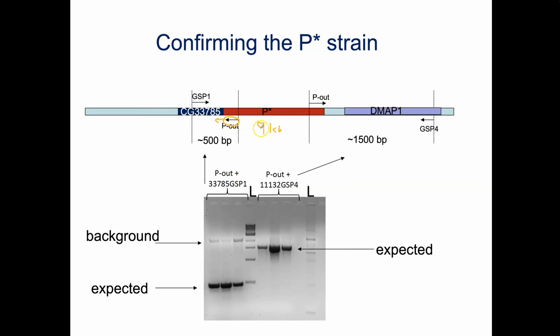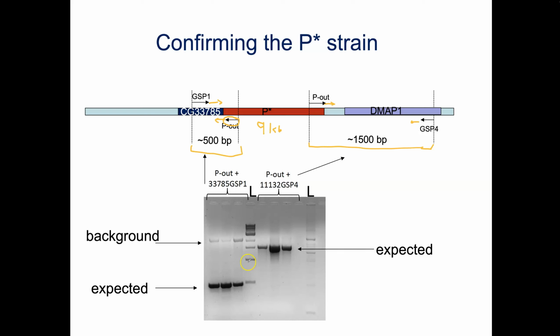It's an inverted repeat, so the exact same sequence on this side makes DNA in that direction, and then the others, right, they amplify this way. And so we knew that if the P element was in the place that it was claimed, that this band should be approximately 1500 bases in length, and this one should be approximately 500.